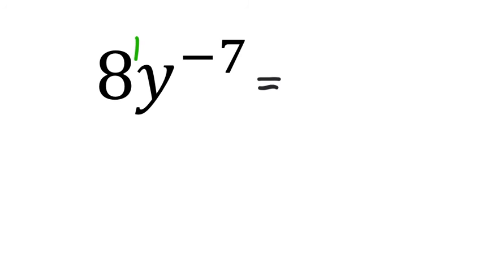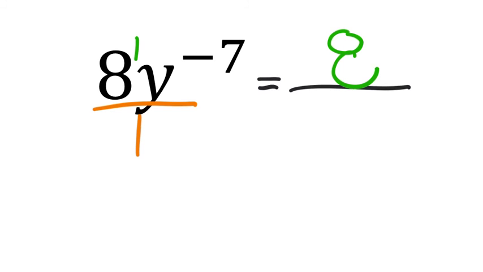So I'm not actually reciprocating the 8. It will stay in what will be considered the numerator. Because you can put anything over 1, right? So when I change this into a fraction, that 8 with the power of 1 is going to stay in the numerator. It's just the y to the power of negative 7 that's going to flip. So where it was a negative exponent, if I put that in the denominator, it will become a positive exponent.